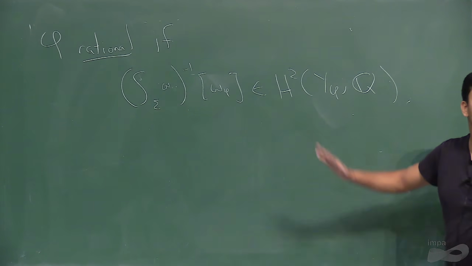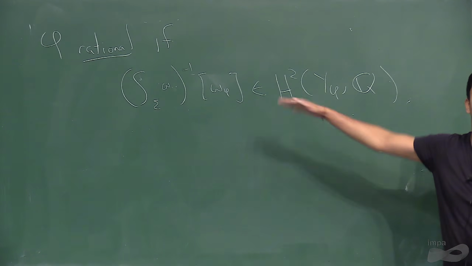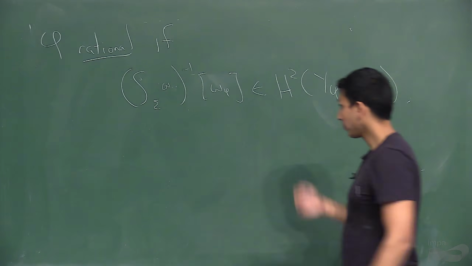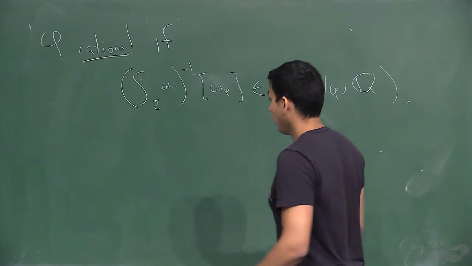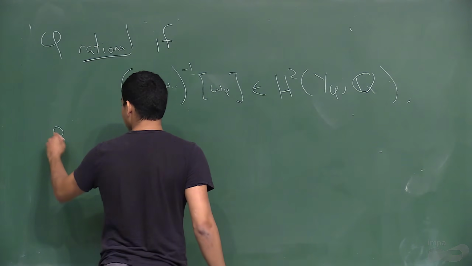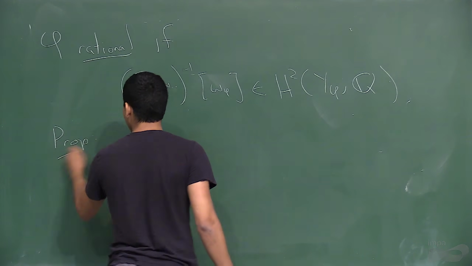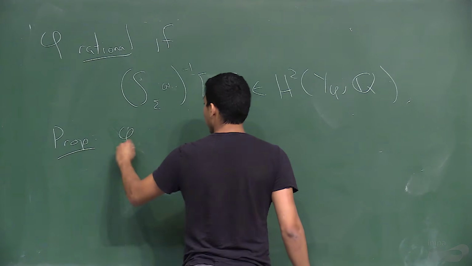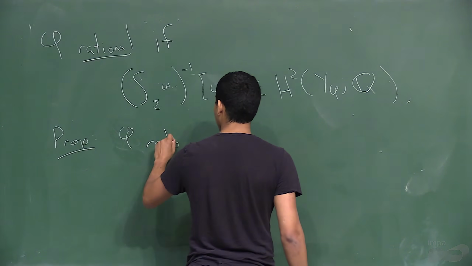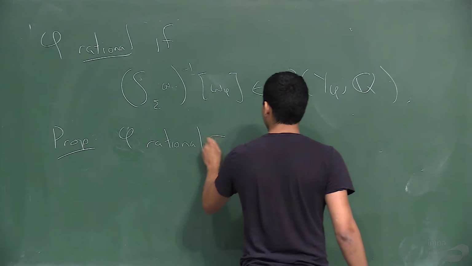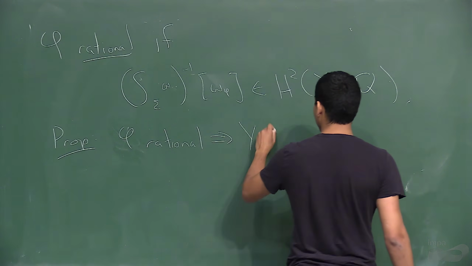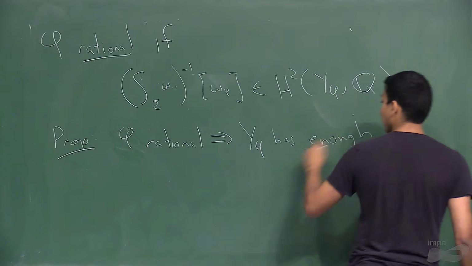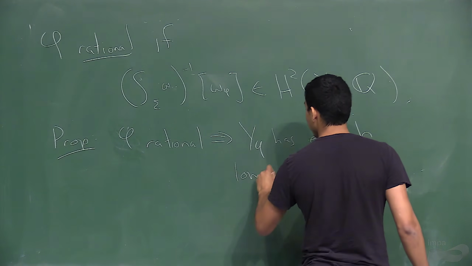And you can check by explicit computation, for example, that Hamiltonian diffeomorphisms satisfy this property. And so the main proposition that I want to outline is that if phi is rational, then y sub phi has enough low-action curves.